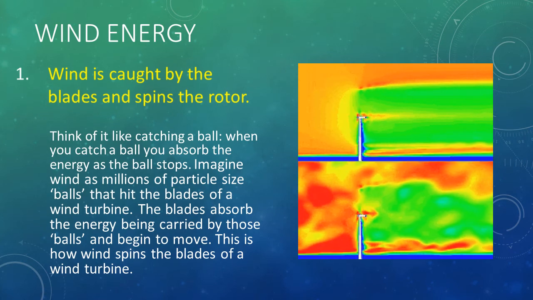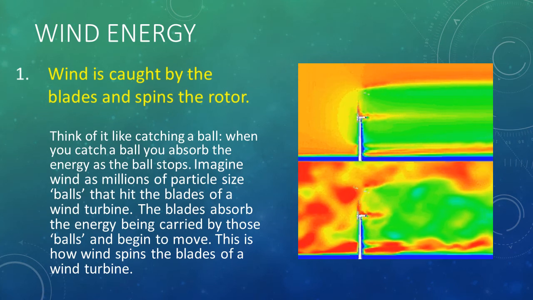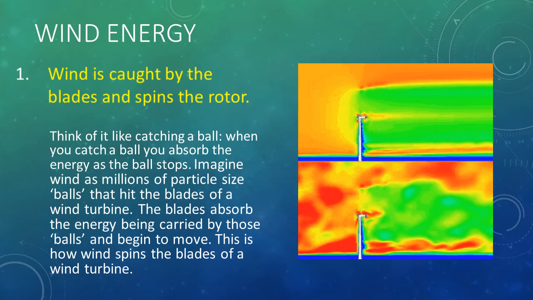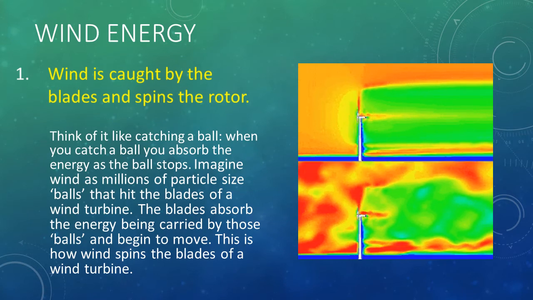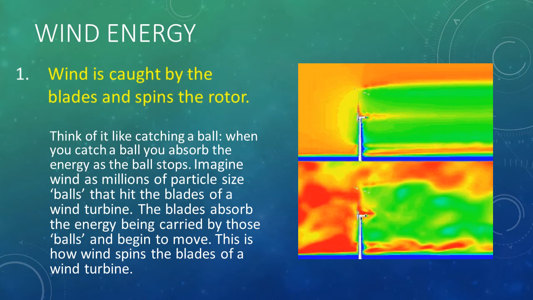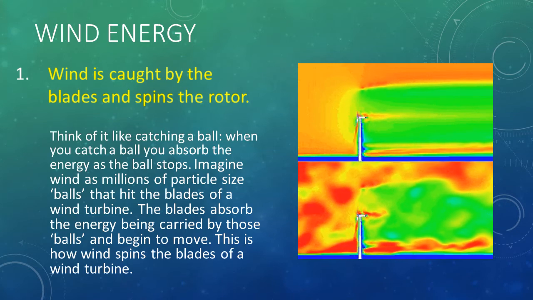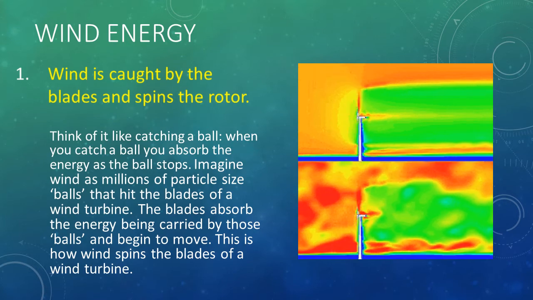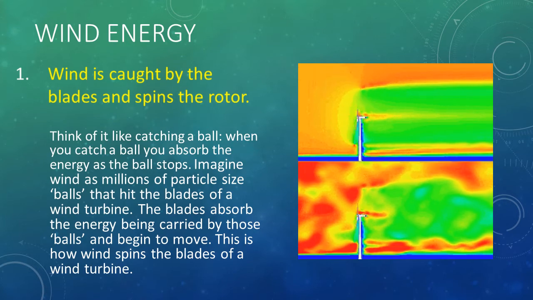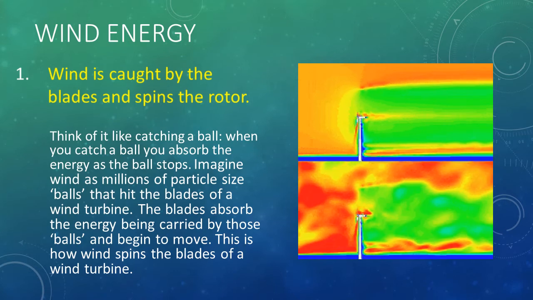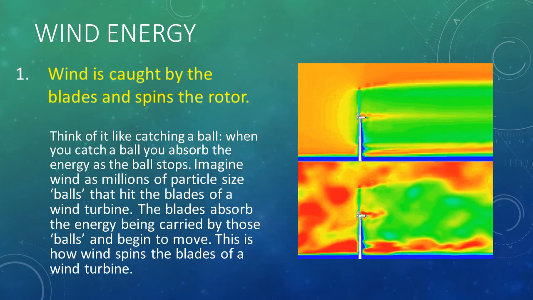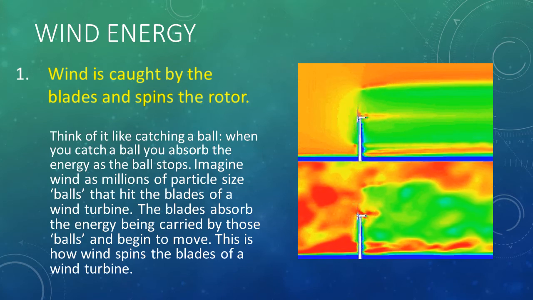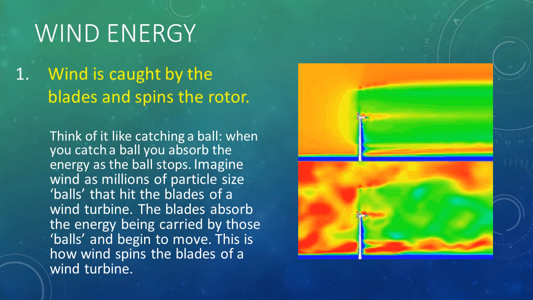Same thing here. This is an actual wind turbine, as you can see. At least I hope you can see. Both images show wind moving across the blades and past the wind turbine. Now, the orange or the red signifies the movement of the wind. Again, it's moving at a certain speed. As it impacts the blades of the turbine, it slows down.